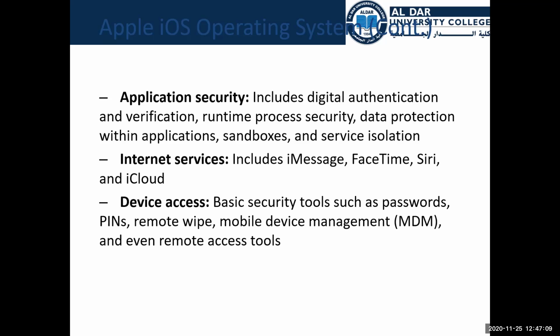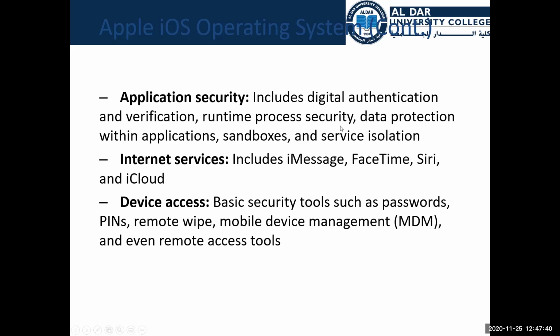Application security includes digital authentication and verification. Digital authentication means the authentication that happens in the App Store. Before appearing on the App Store, you have to have a digital signature or digital certificate. Your application coming to the App Store, you have to get that certificate.